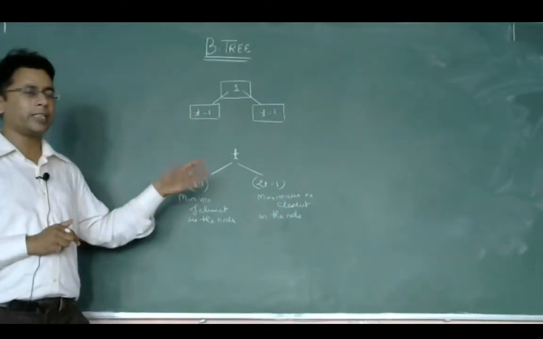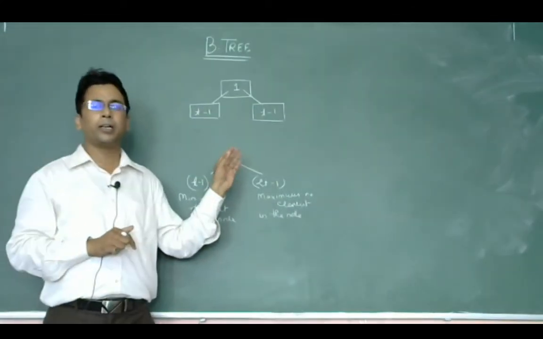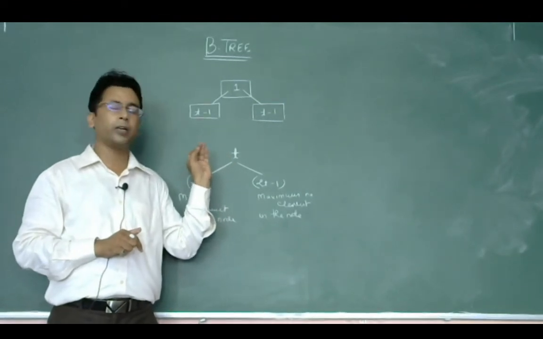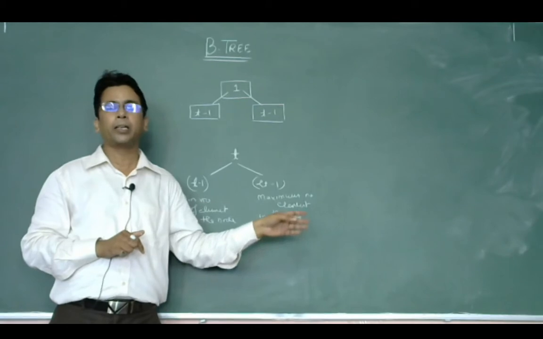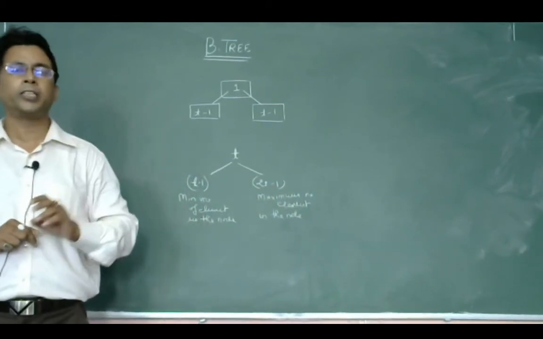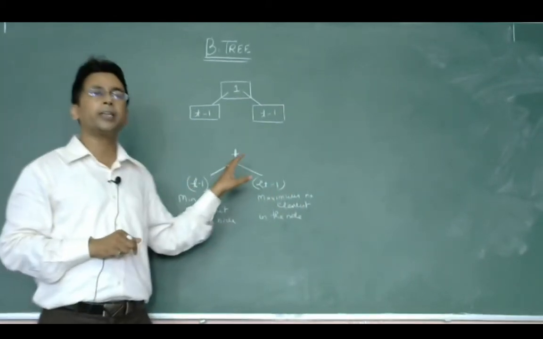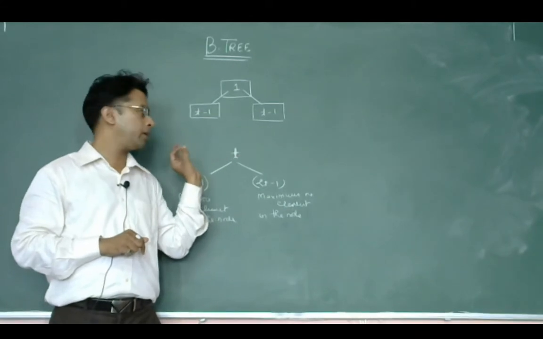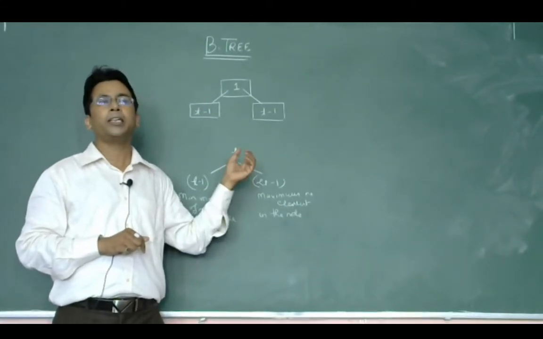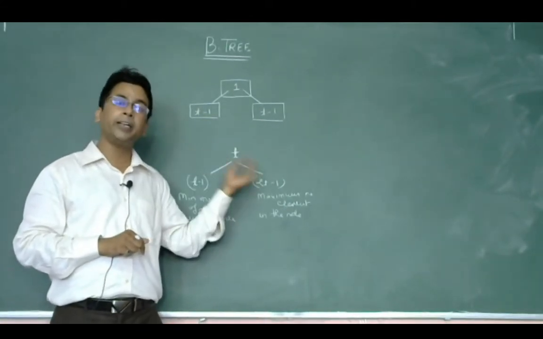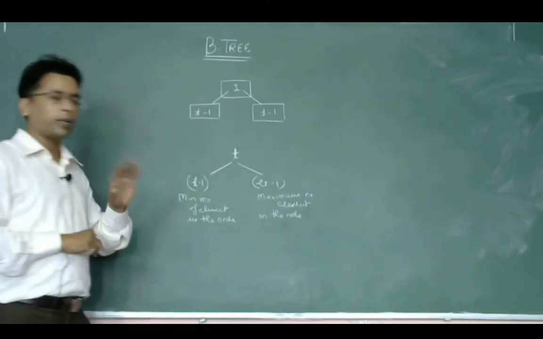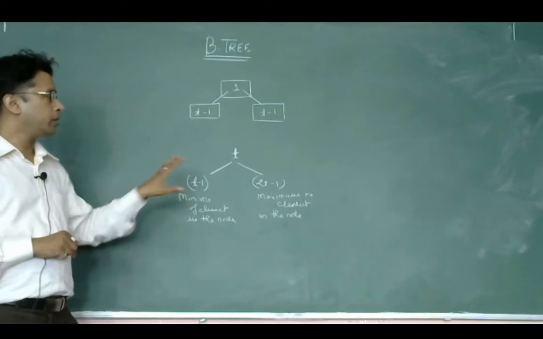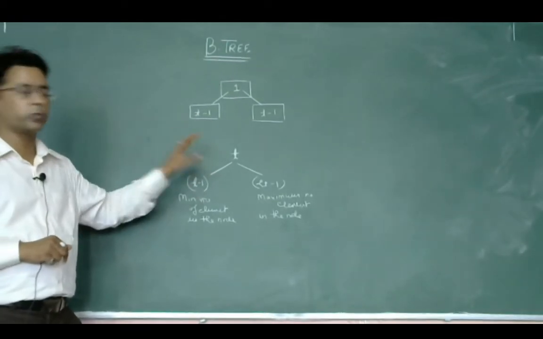But there are certain differences, so we cannot say that a B tree is a binary tree, because there are other criteria also, like the height, which a binary tree does not satisfy. But just considering the degree term, we can say that the binary tree is having degree t equals to 2. But a binary tree is not a B tree. They are quite different from each other also.